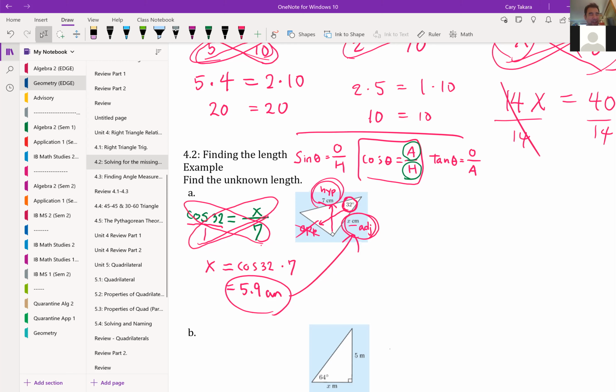Do you guys all have a calculator? Something like this? You don't need a graphing calculator, but something. Now, who is using a cell phone calculator? Yeah. Now, a cell phone calculator is a little bit tricky to use. It's not very friendly in terms of how you punch in. Because when you do cosine of 32, I believe you have to type in 32 and then the cosine button.